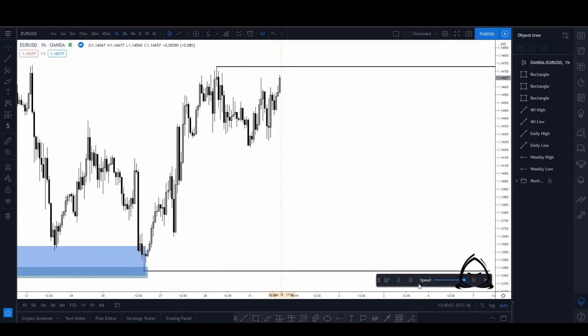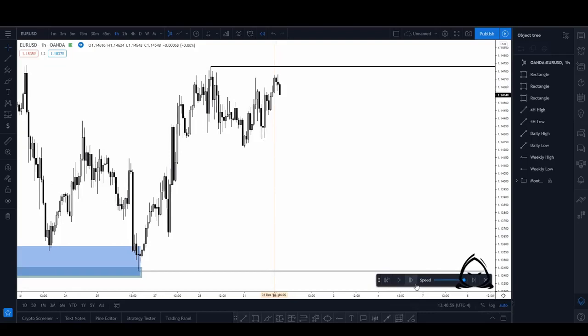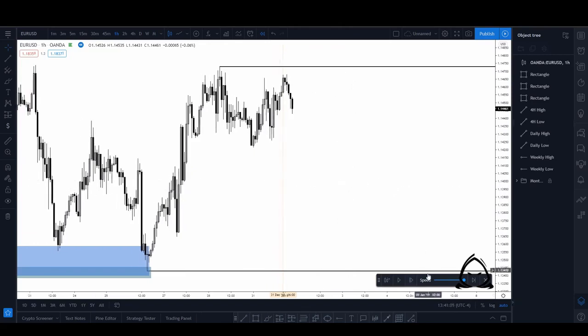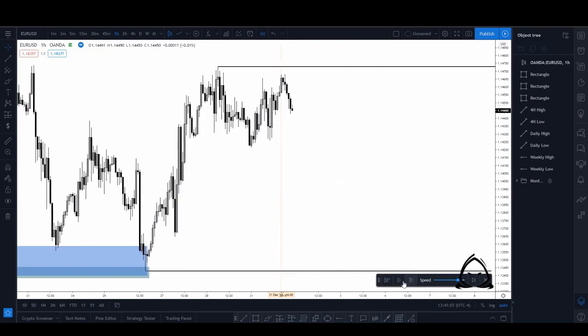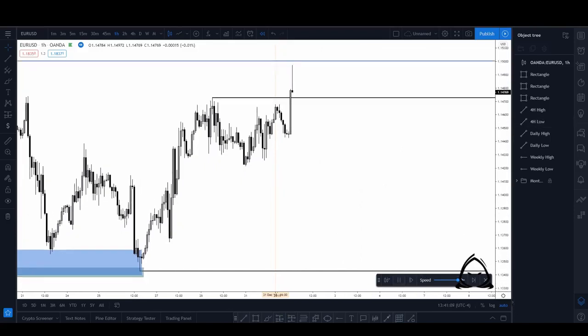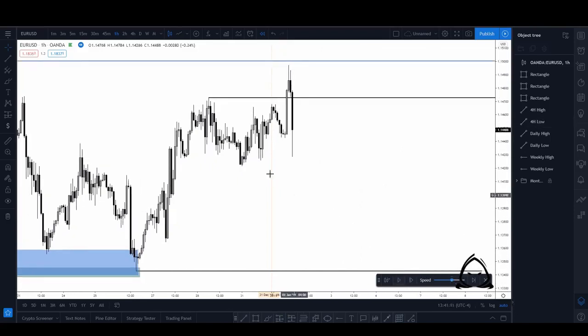You can either go candle by candle on the hourly chart, waiting for certain bits of price action to play out, or you can just hit play, pick a speed, and watch price action play out. On the hourly chart now, we broke this low here, creating a lower low, then broke this high right here, creating a higher high.